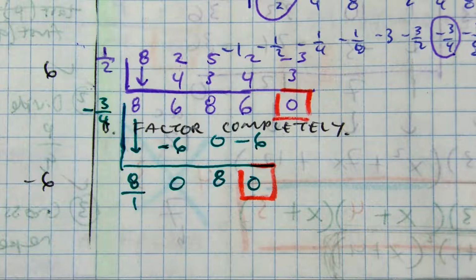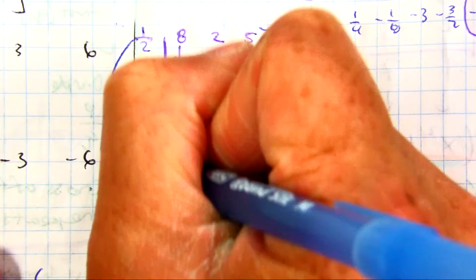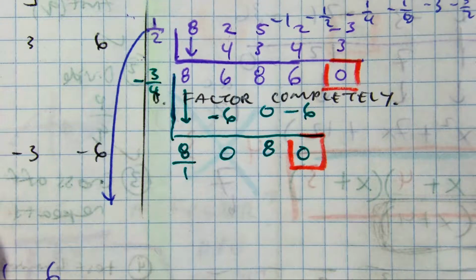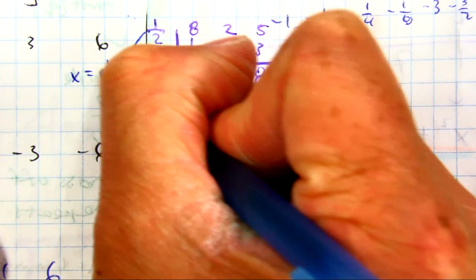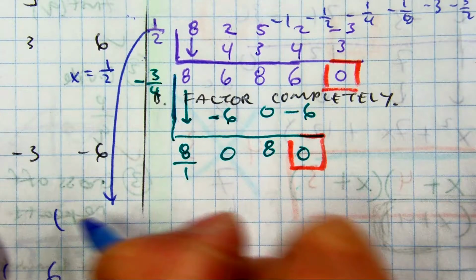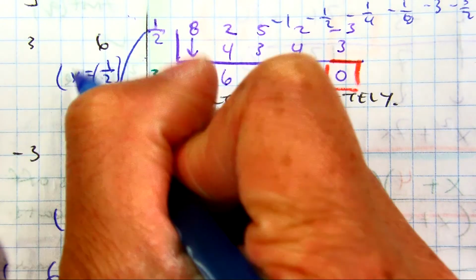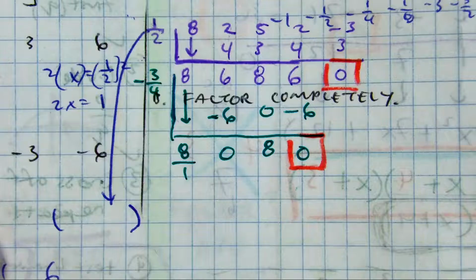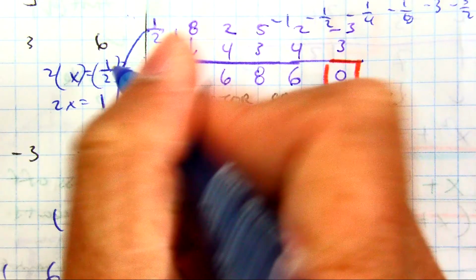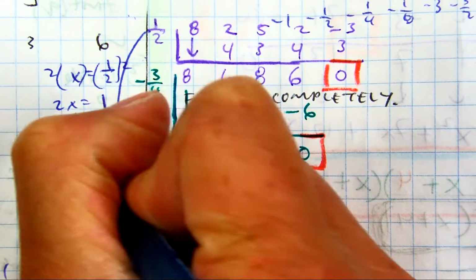Okay. What does this mean? If x equals 1/2, what's the binomial? I'm going to multiply both sides by 2. I get 2x equals 1. How do I get it set equal to 0? We're going to subtract. So I get 2x minus 1.